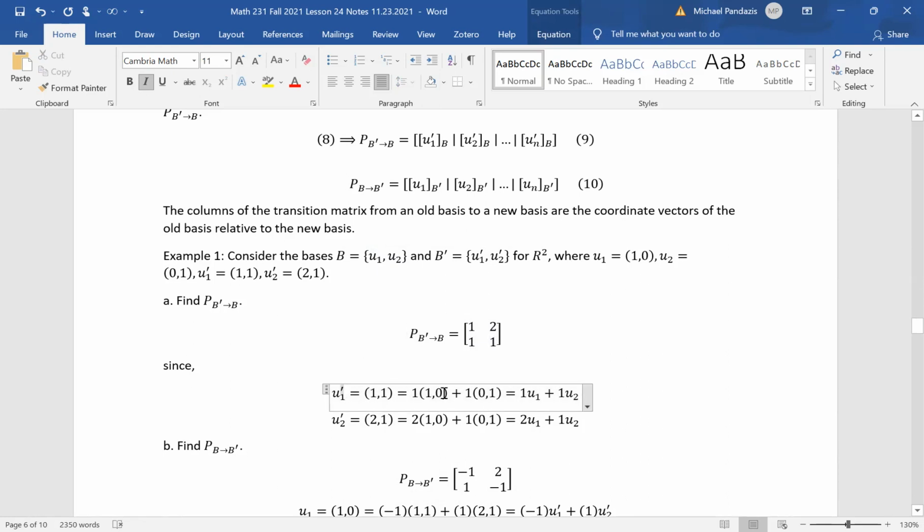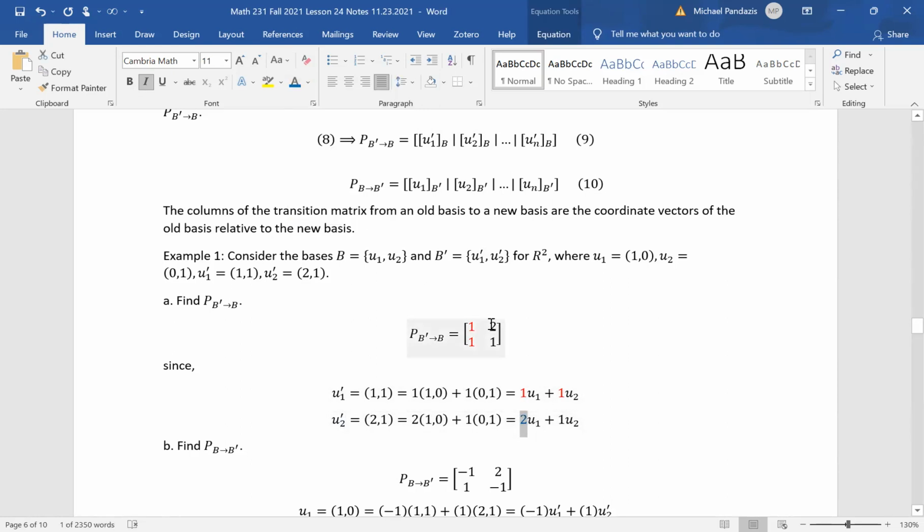So the first old basis vector is 1 times the first new basis vector plus 1 times the second new basis vector. And so in the first column, you have 1, 1, which corresponds with the 1, 1 here. This one corresponds with this. And this one corresponds with that. The second old basis vector, you write as this linear combination.